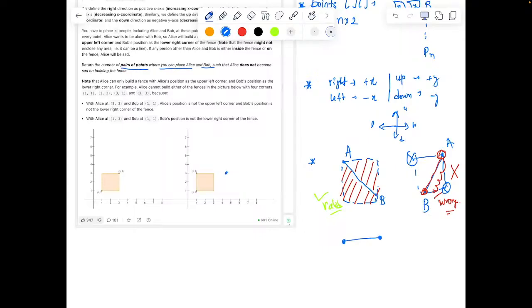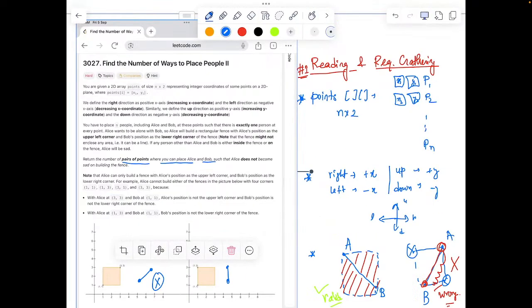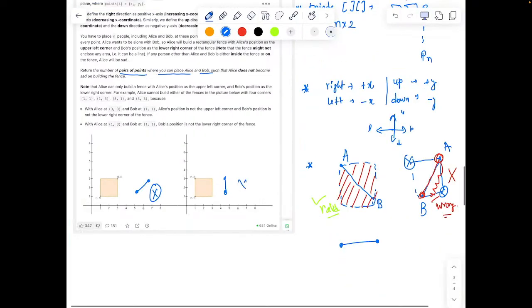So this was this case, which is invalid. This is also invalid. What about this? If Alice is here, it means it is upper right. So this will not work. What about this? So that's my doubt here.